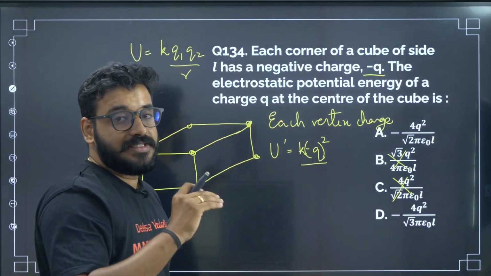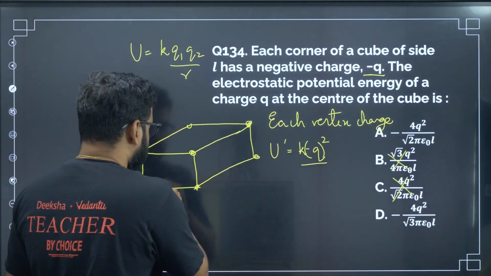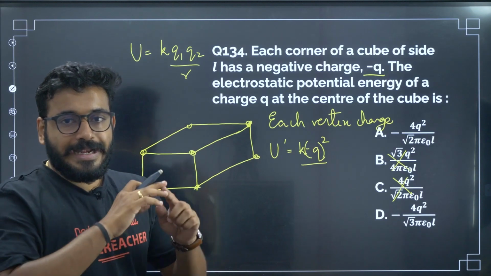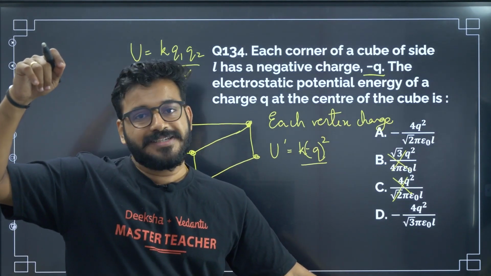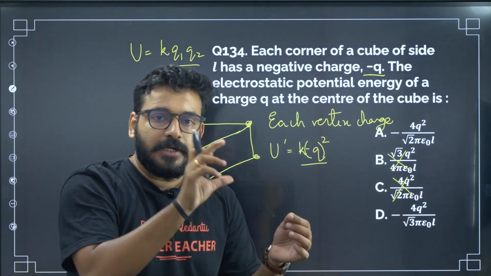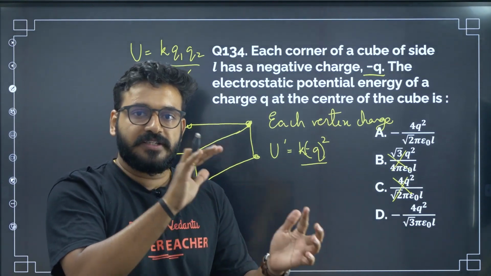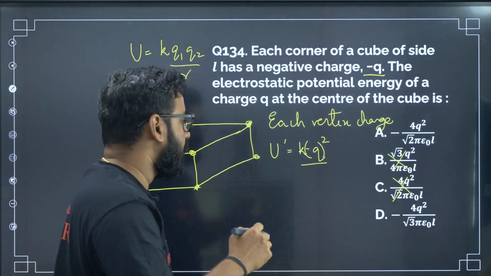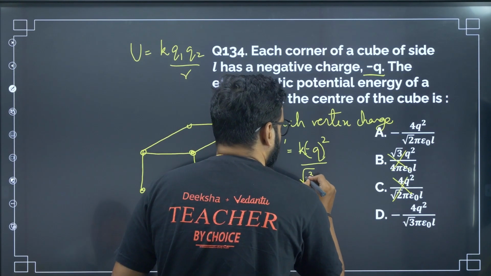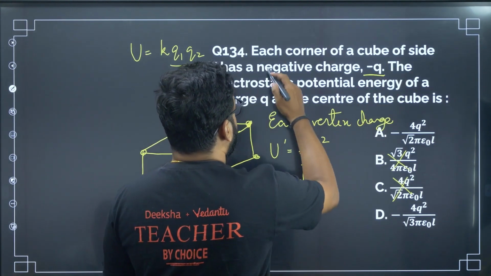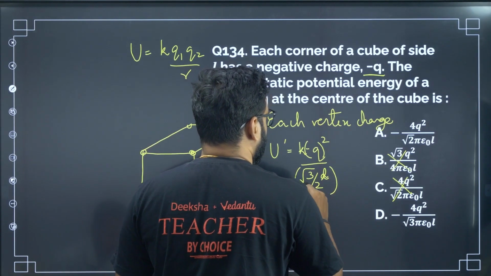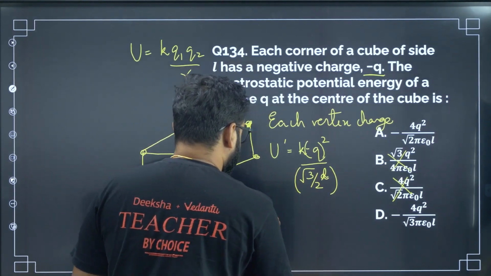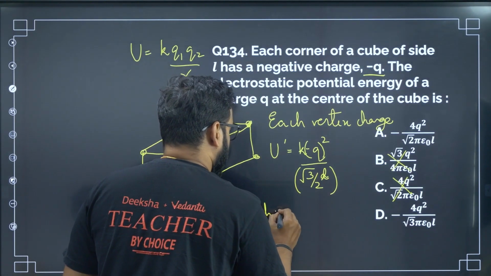Now distance from the vertex to the center of the cube. The diagonal of the cube, from vertex to the opposite vertex, is root 3 times the side. So from center to the vertex is half of that, root 3 by 2 into side length, sorry, L, so you can keep it as root 3 by 2 L.